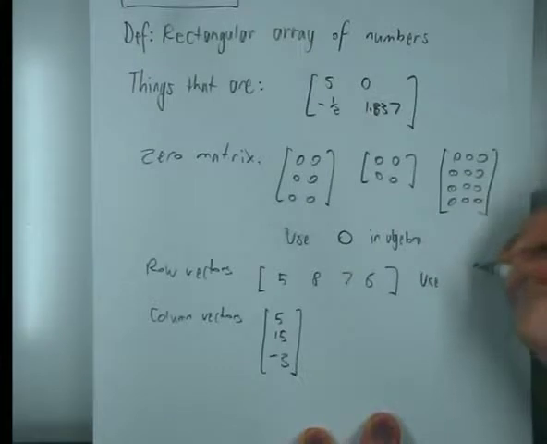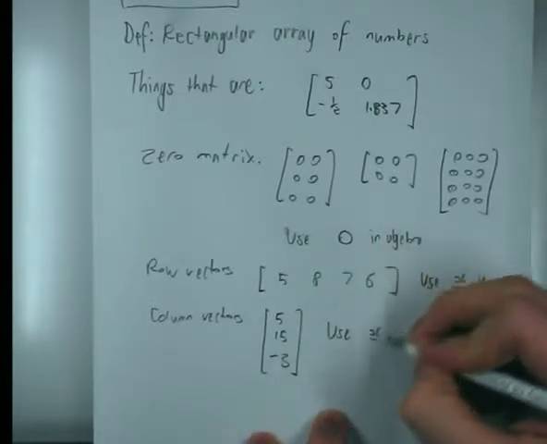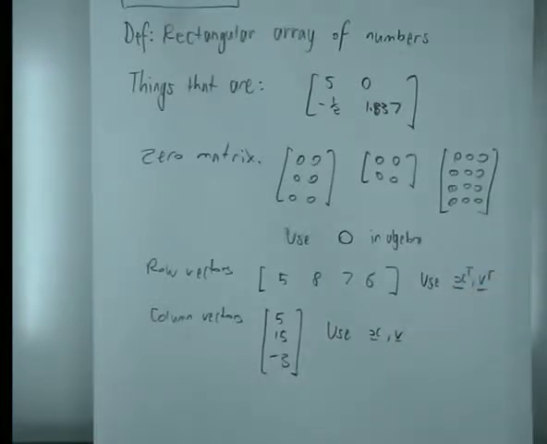So we'll be using something like x with an underline or v with an underline in our algebra. Okay, for either column or row vectors. I should say that to a mathematician, it's always a column vector unless otherwise stated. So technically, we'll be using x and v and u for these vectors, but these ones will usually have transposes on them, because most mathematicians assume that unless you say otherwise, a vector is supposed to be a column vector. I'll talk about transpose in a second, but that's how it's normally talked about.